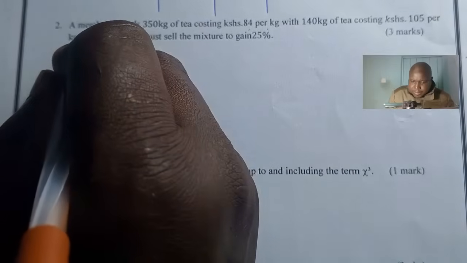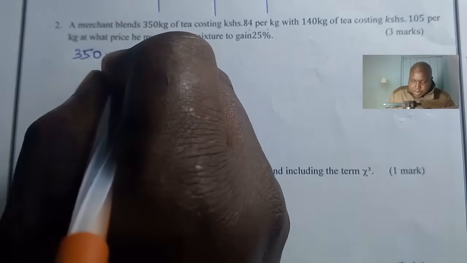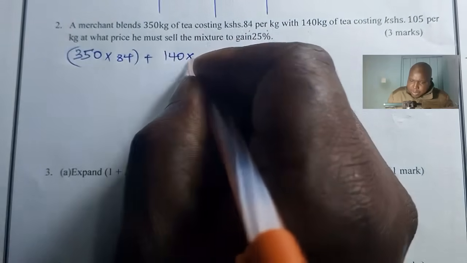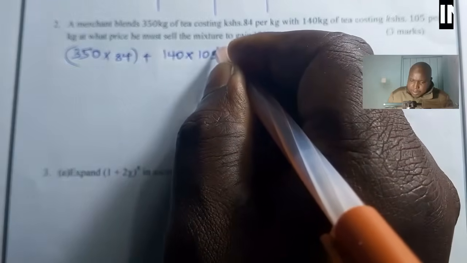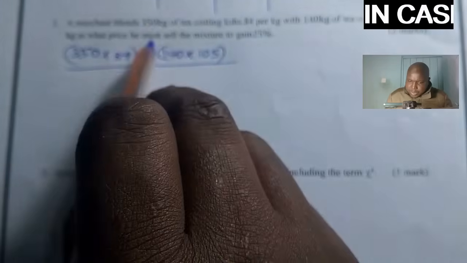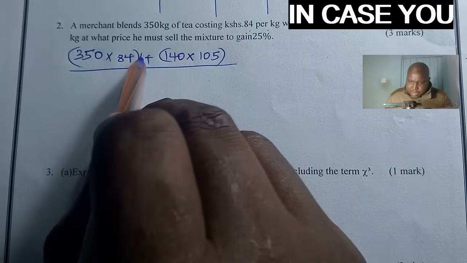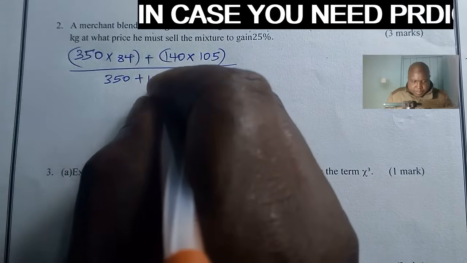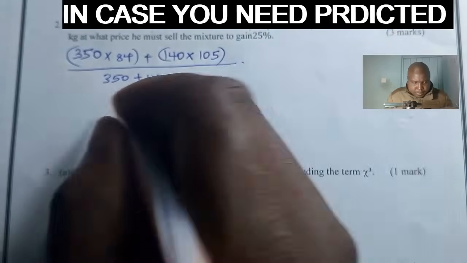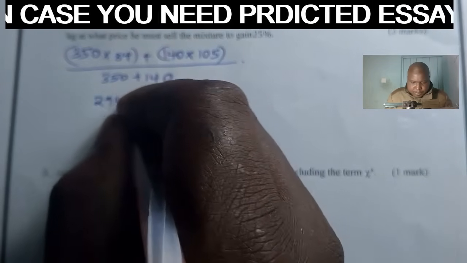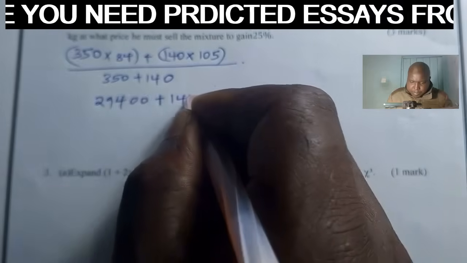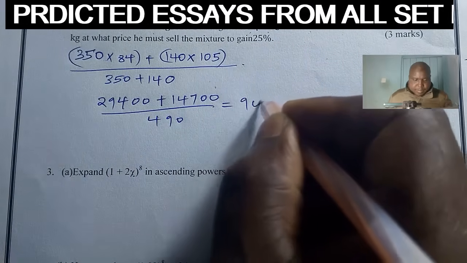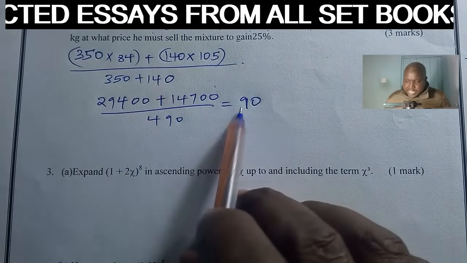So that is 350 times 84 plus 140 times 105, divided by the total, which is 350 plus 140. And the answer is 90. So this mixture was sold at Kenya shillings 90.